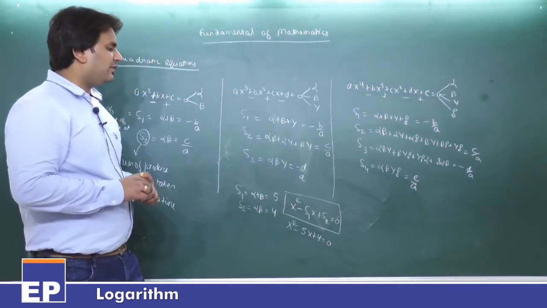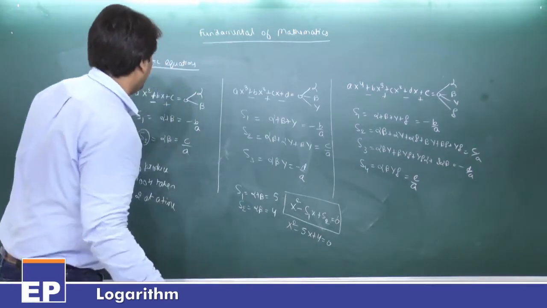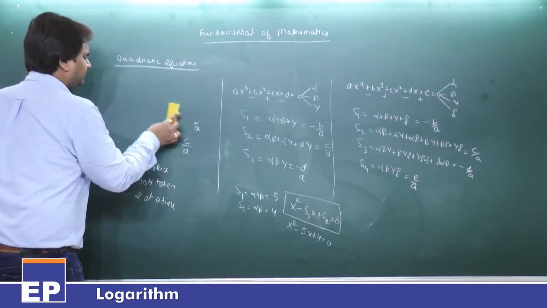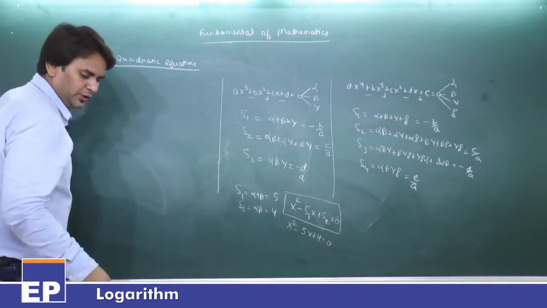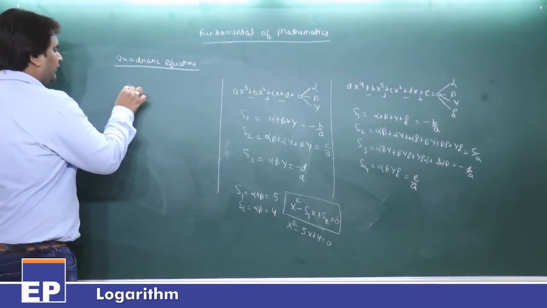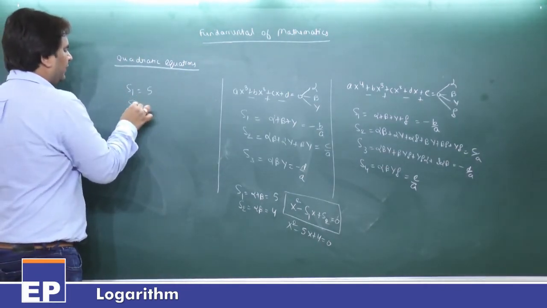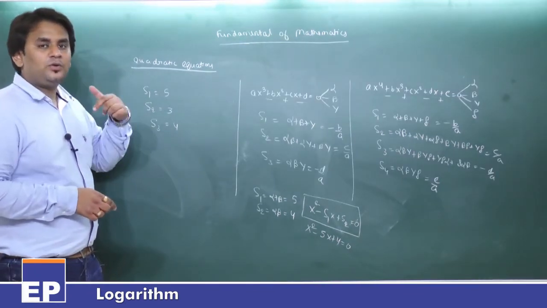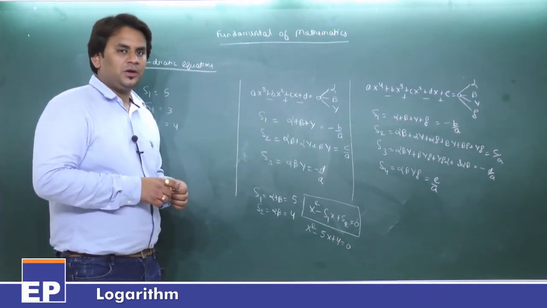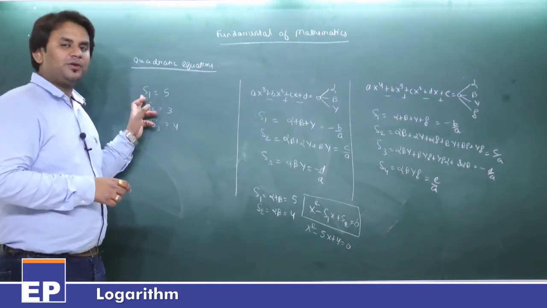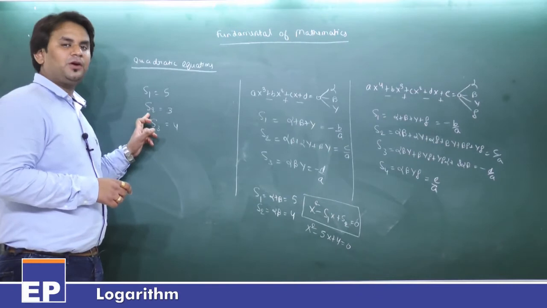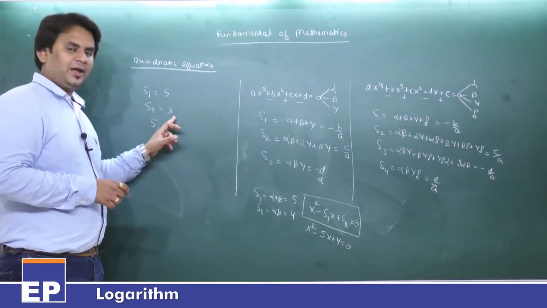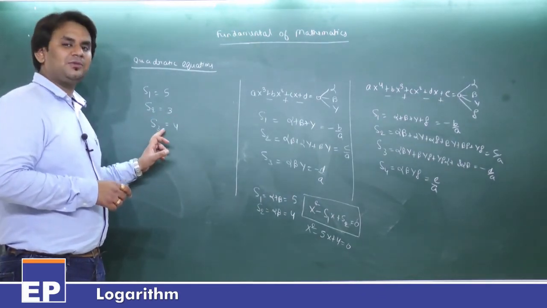Similarly, if someone asks: you have S1 equal to 5, S2 equal to 3, and S3 equal to 4, and you have to find the cubic equation whose sum of the roots is 5, sum of the product of the roots taken 2 at a time is 3, and sum of the product of the roots taken 3 at a time is 4.